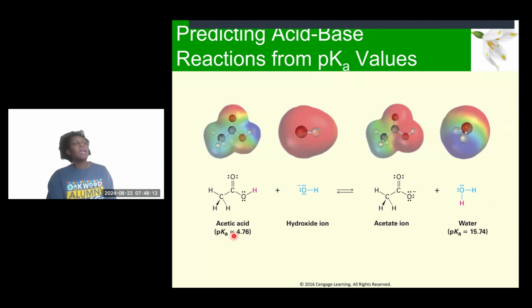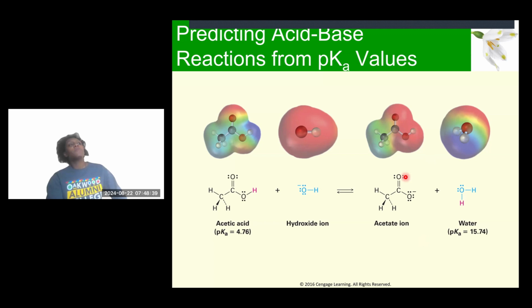Notice that the pKa 4.76 is smaller than 15.74. Therefore, this acid is stronger and more willing to give up this proton. Since it's more willing to give up this proton, the reaction will favor this side. Okay, so the reaction is going to favor the product side.